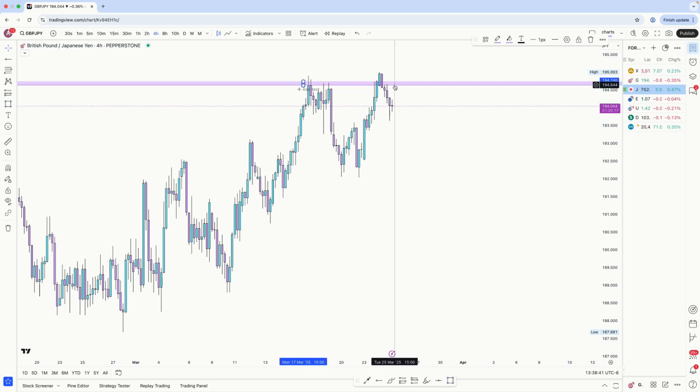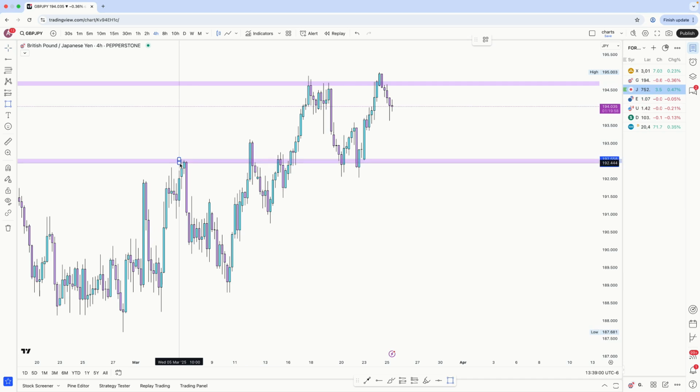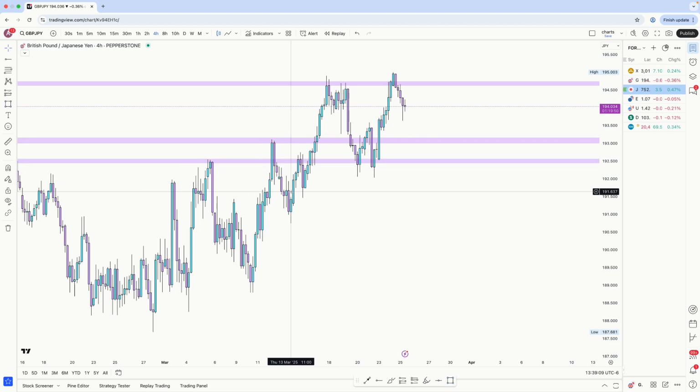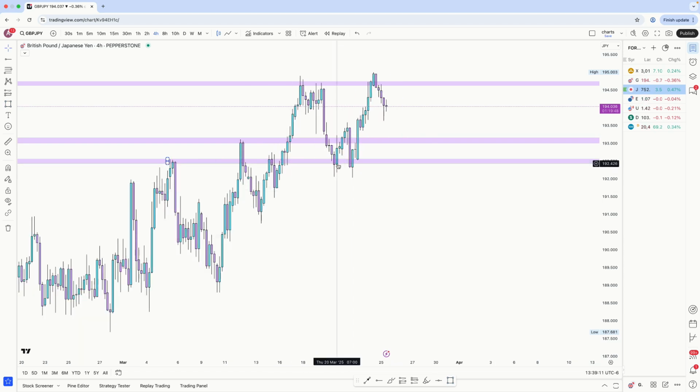So if current price is at around 194, you can mark up around 193, 192, 196. But you don't have to mark up all the way by 188. If price ends up dropping and we end up breaking all these levels, you can add them in as it's trending, because that way it avoids your chart from being really messy. You want to keep it really clean and organized and be able to know what's going on.